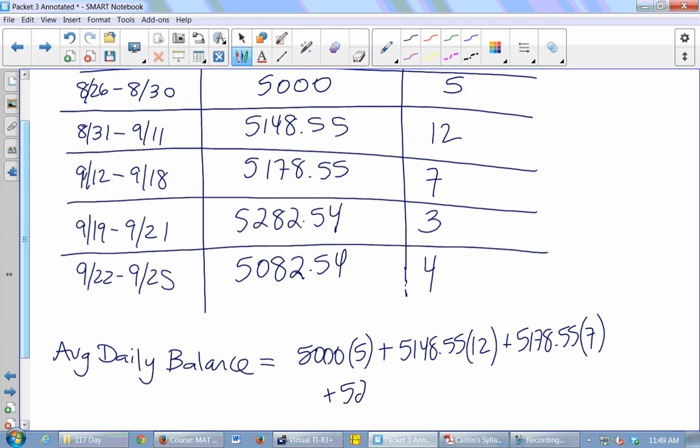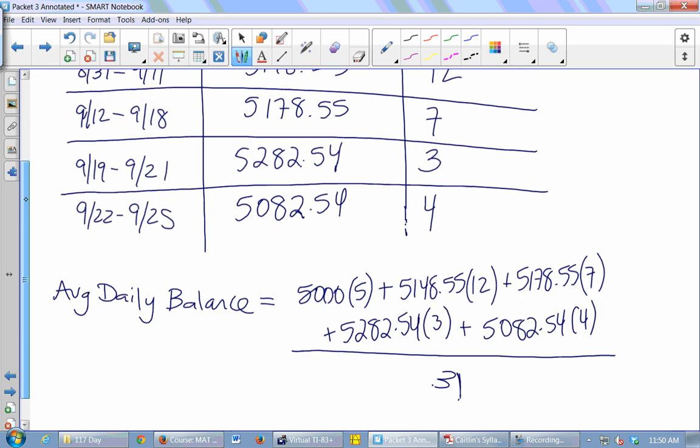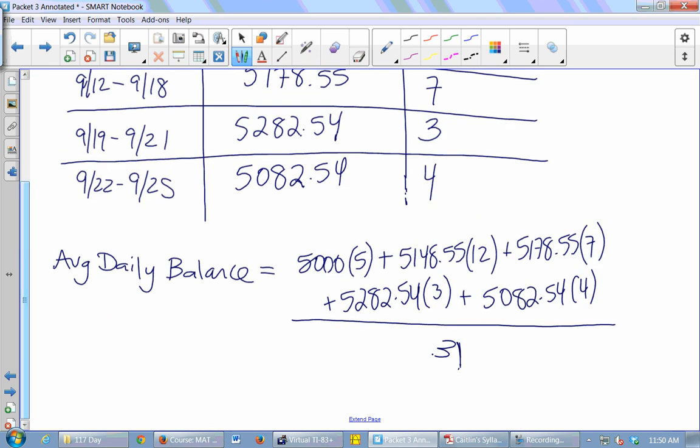And then $5,282.54, that was my balance for 3 days. And then I made a payment, and my balance came down to $5,082.54 for 4 days. And I have to divide all of that by 31 days in the month. And that tells me on average what my balance was each day of the month. That's not what my actual balance was, right? My balances are all listed in this chart up here. This is giving me an average balance of how much I owed the credit card company on any given day.